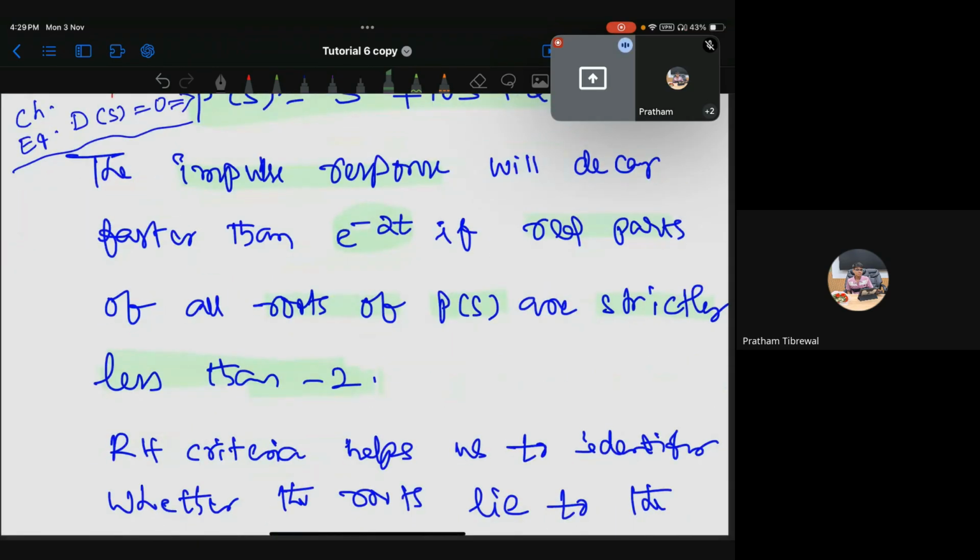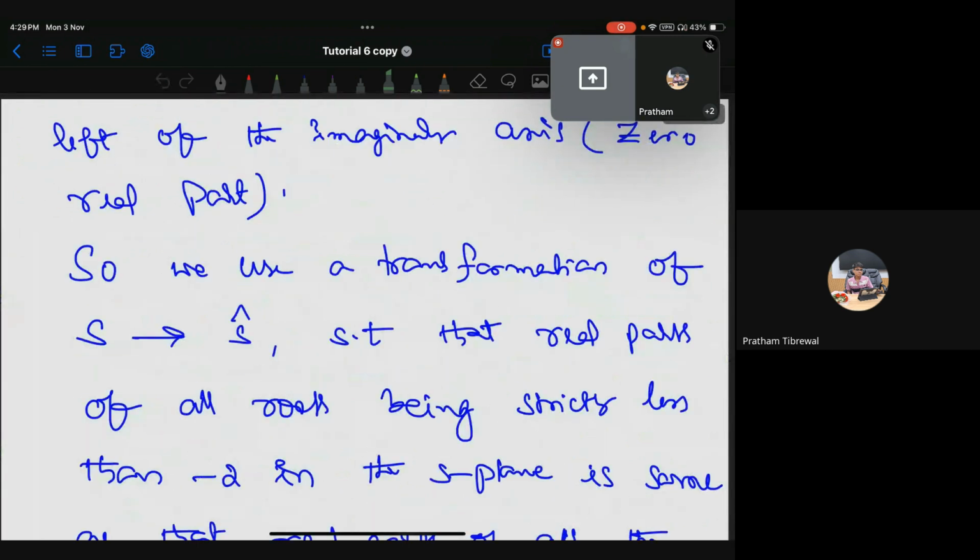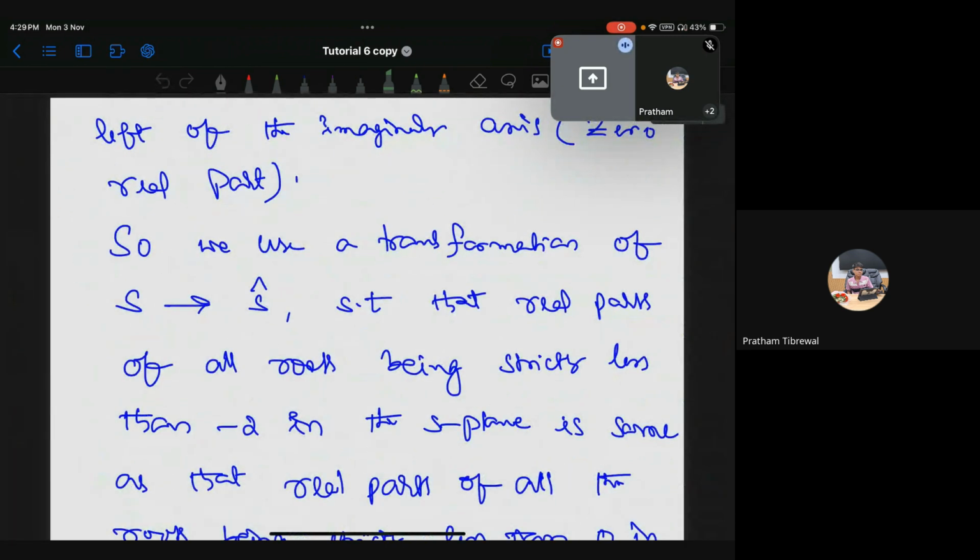Now we will take the help of the RH criteria to find the range of k for which the system is stable for the new axis. We do the transformation from s to s cap. This is nothing but s equal to 0, and this is nothing but s equal to minus 2.